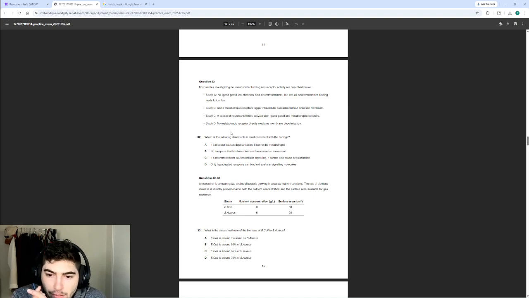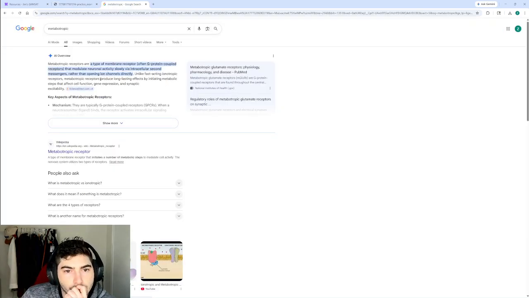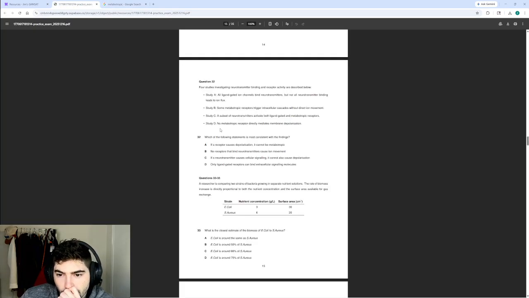Only ligand-gated receptors can bind extracellular... Do we have to know what ligand-gated receptors do?